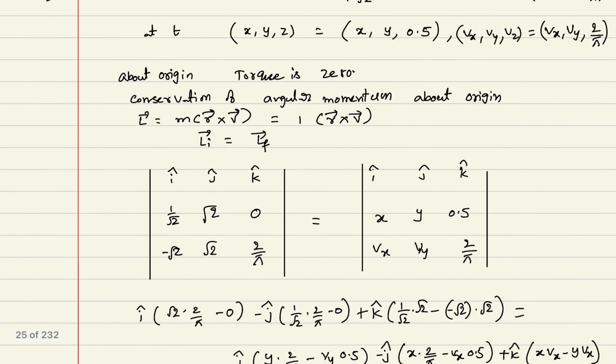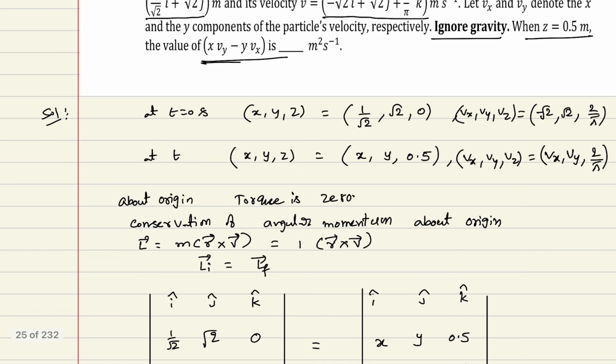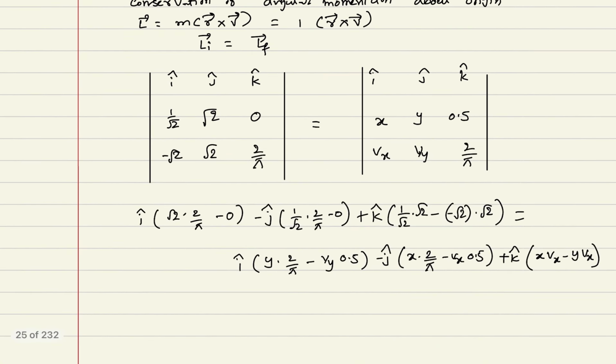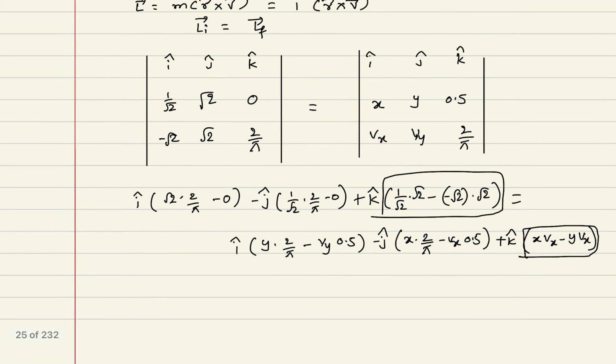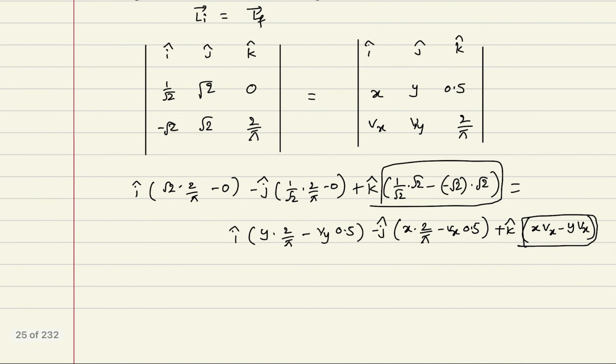Let us observe this carefully. According to the question, you need to calculate x Vy minus y Vx. This is there only along the z axis. Equate the two.